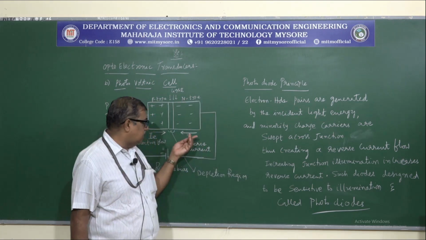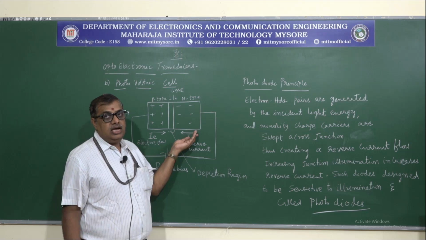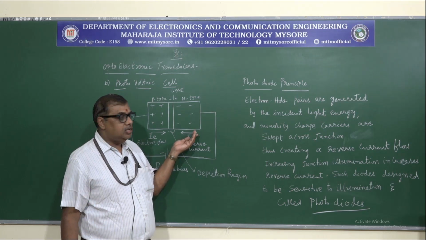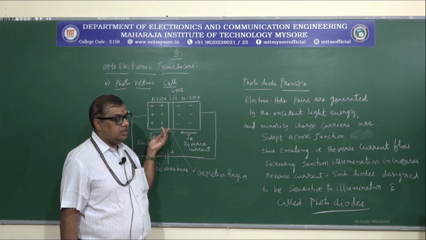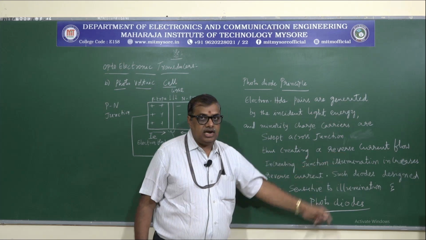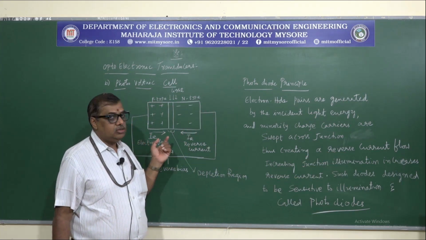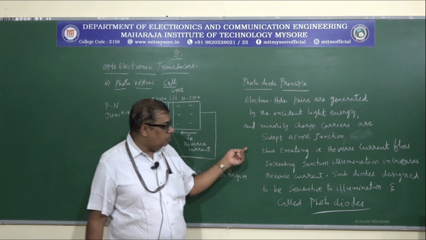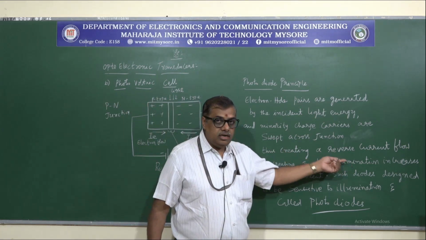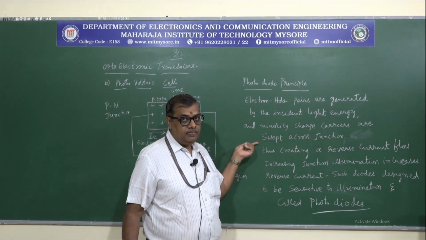As in the figure you are seeing, the minority carriers are the carriers which are less in number, and they start flowing across the junction, creating a reverse current flow in the reverse direction. Okay, so this is the photodiode principle.